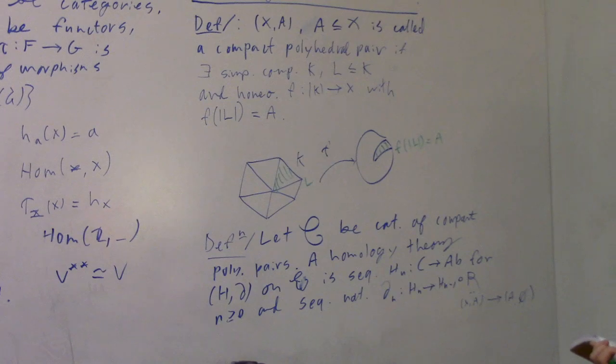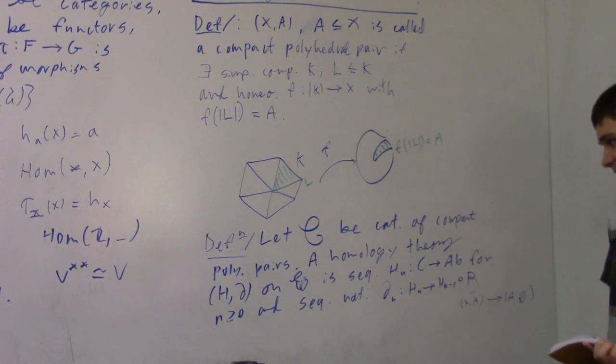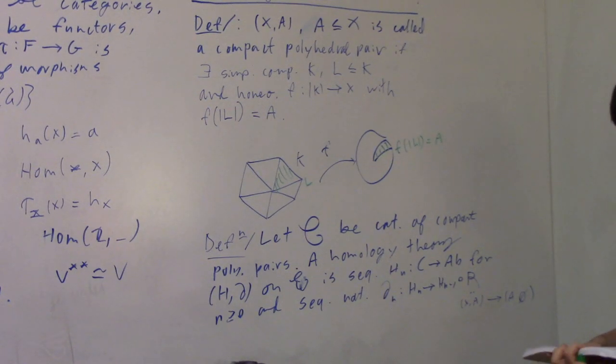I'm not really sure what the intuition behind that is, but without loss of generality, if you were just considering A to be the empty set, we could just consider normal topological spaces instead of dealing with subspace nonsense. So don't worry about that too much.